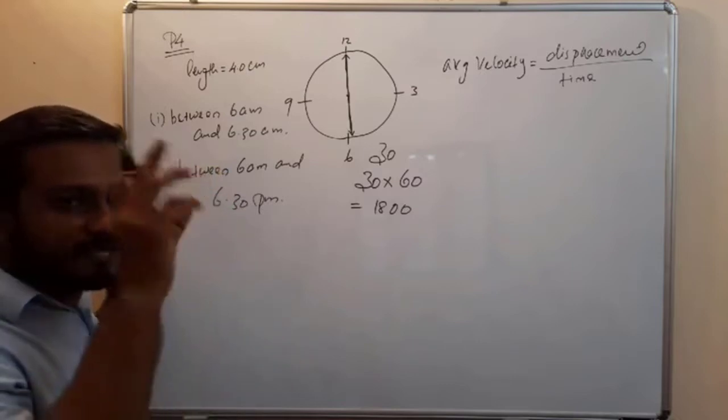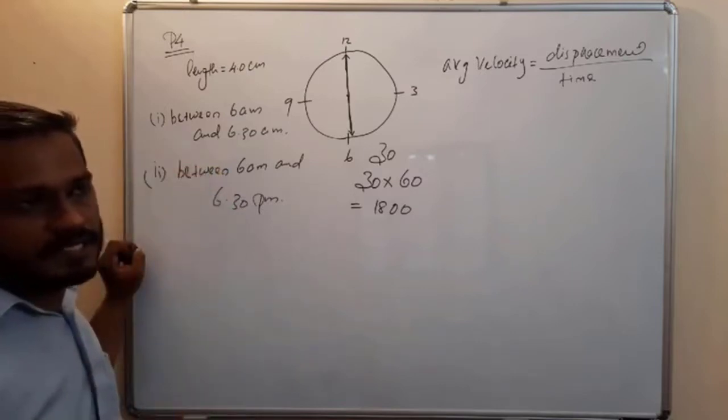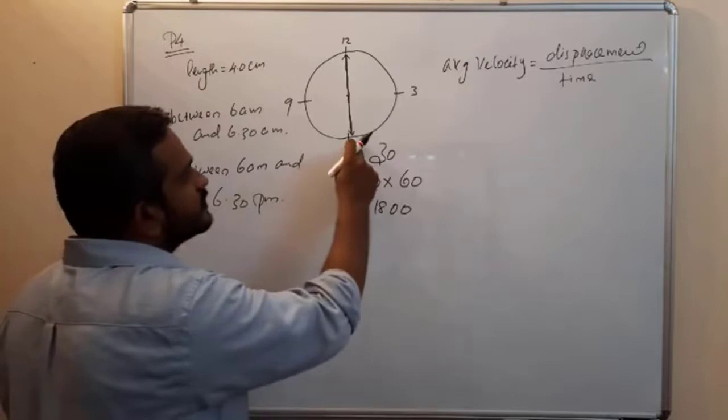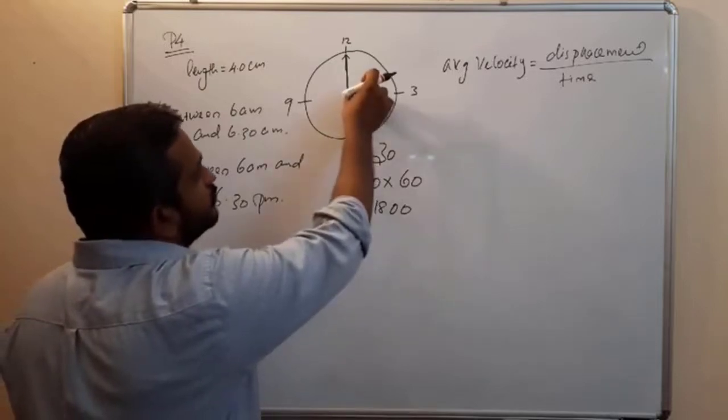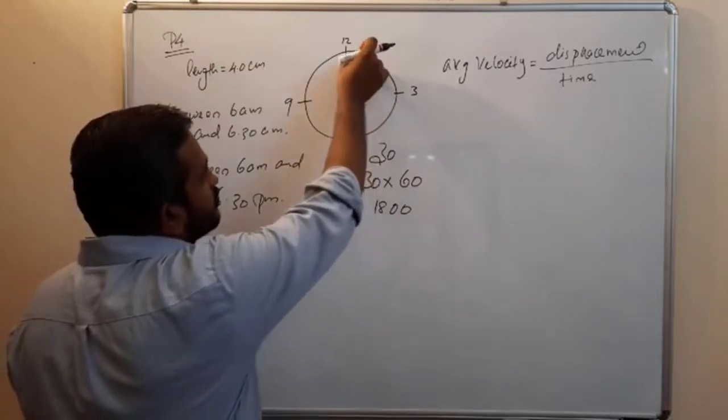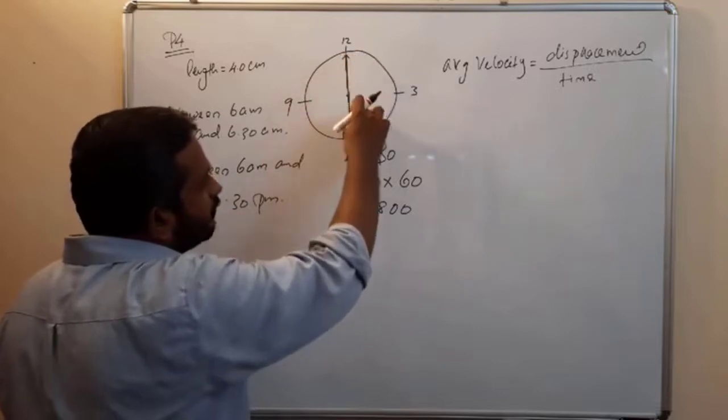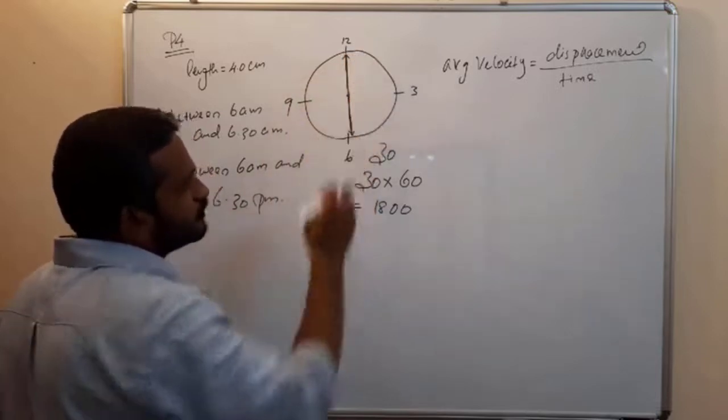So in the evening it will reach 6 o'clock, that is 6 p.m. In that position also the minute hand is in this position, and at 6:30 p.m. also it will come to this position.